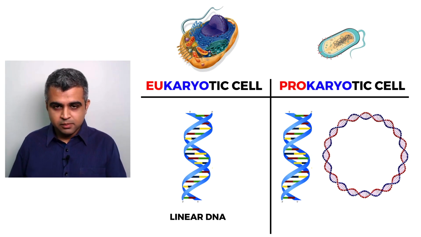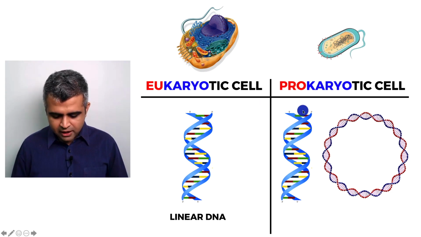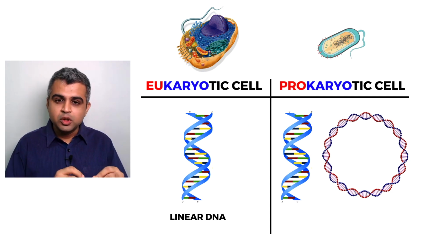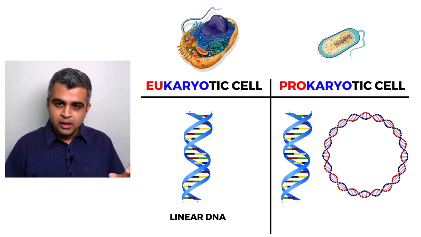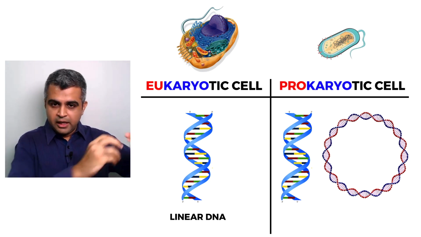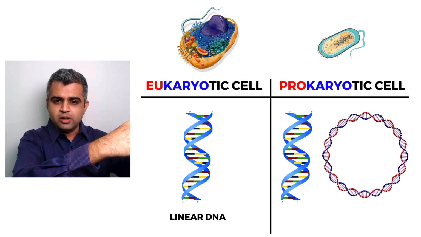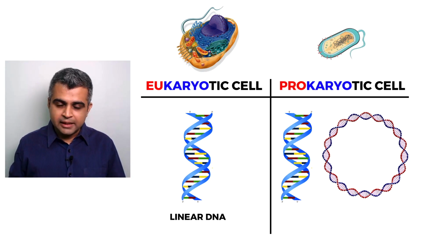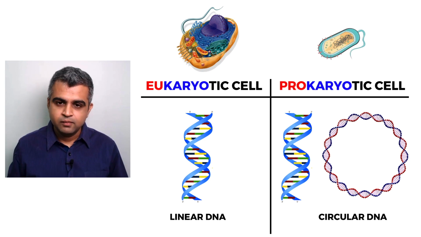The next, prokaryotic cells, they also have DNA which is like this. But as you can see in the image, if you were to look inside a prokaryotic DNA or a prokaryotic chromosome, it appears exactly like eukaryotic DNA, but you will not find the two ends. It will start somewhere and then it will come back and join here only. So you will not find the two ends. And because of that, in a prokaryotic cell, the DNA is called circular DNA.